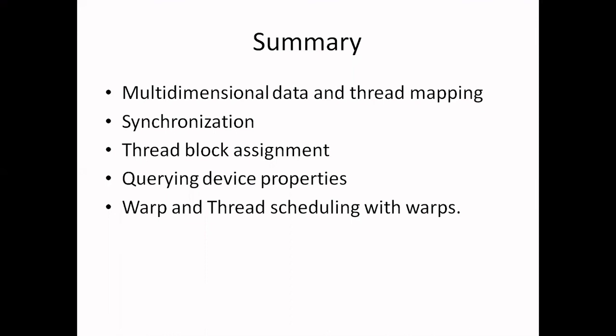In that structure you can find different properties such as max threads per block, how many multiprocessors there are, like the multiprocessor count, max threads dim or max grid dim, and the clock rate.